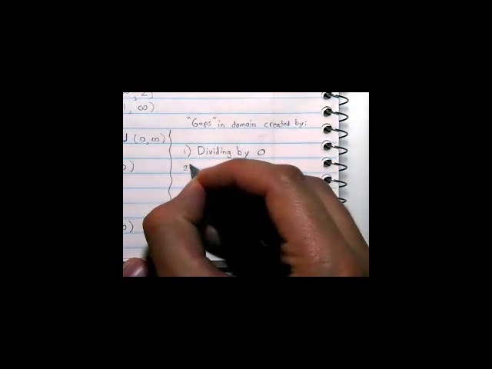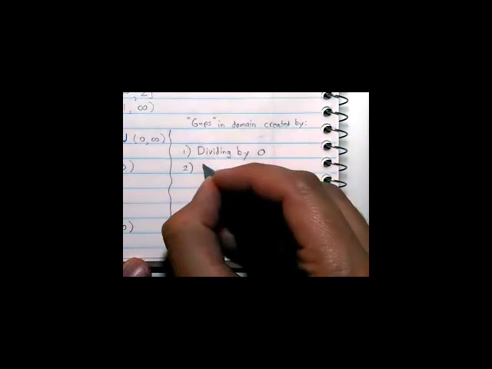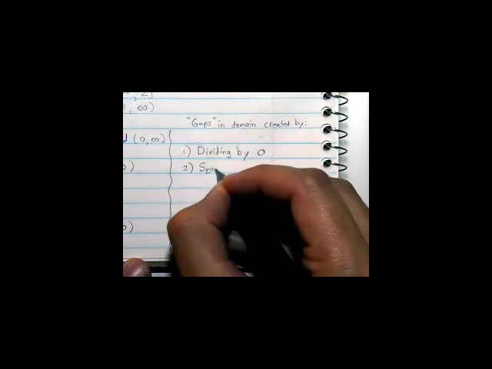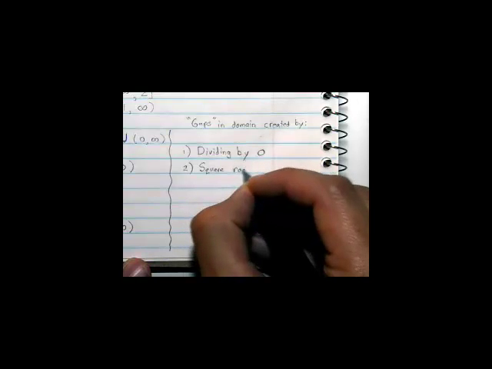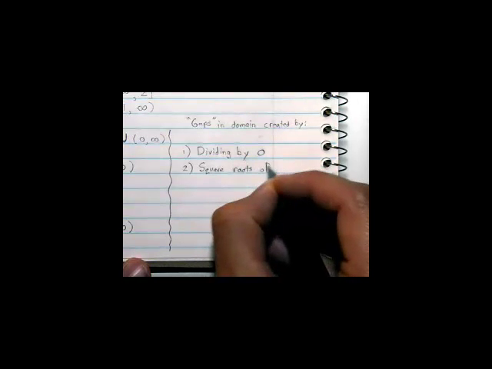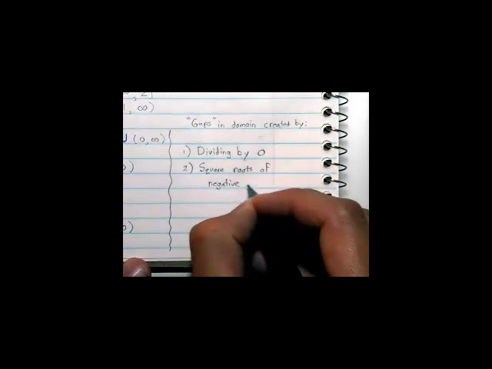Number 2, square roots of negative numbers. So if your function has a square root with x underneath it somewhere, you're going to have to work with that one.